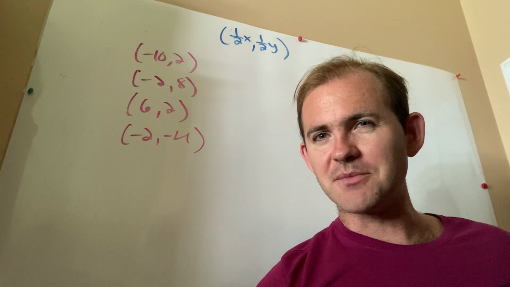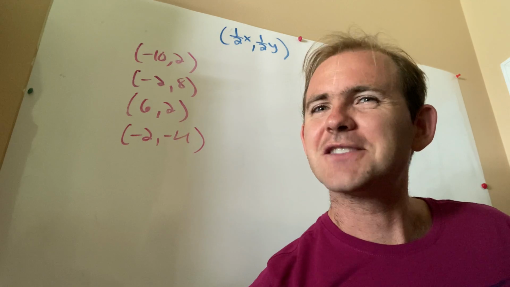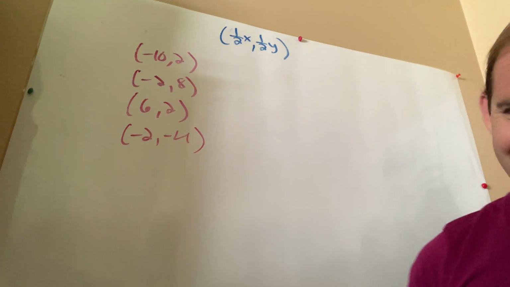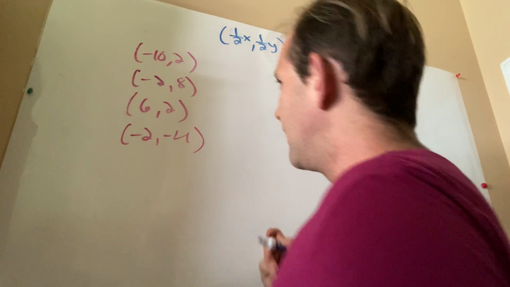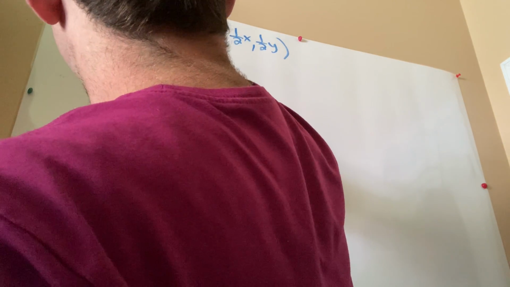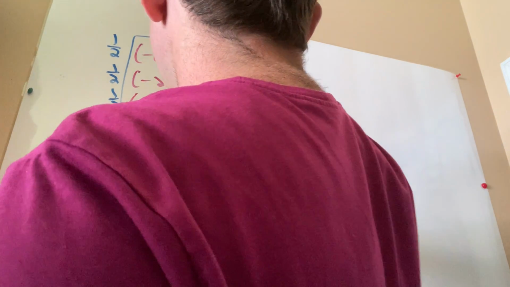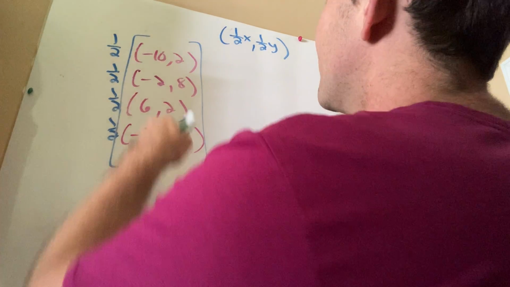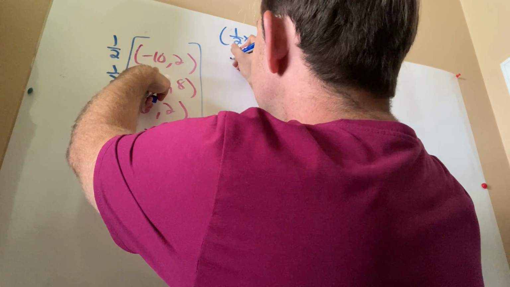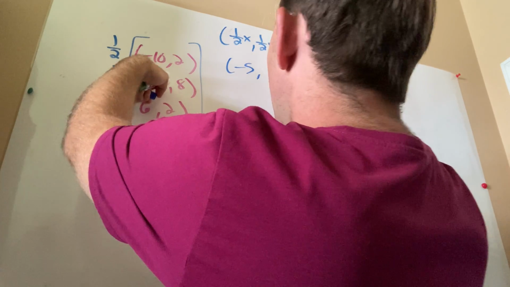That's a whole lot of mumbo jumbo, which is a fancy way of saying we're just going to shrink the figure an itty bitty bit. Okay? So what do you think I'm now going to do with that 1/2? Well, I'm just going to multiply it by every single one of these pairs of coordinates. So when I multiply 1/2 by each of these, I'm going to get -5, 1.